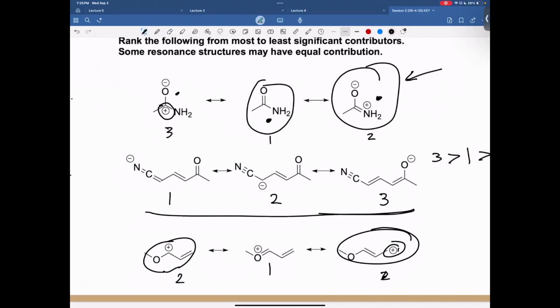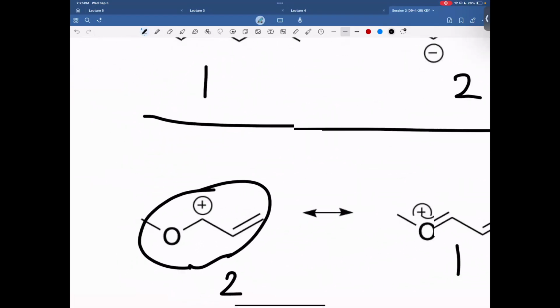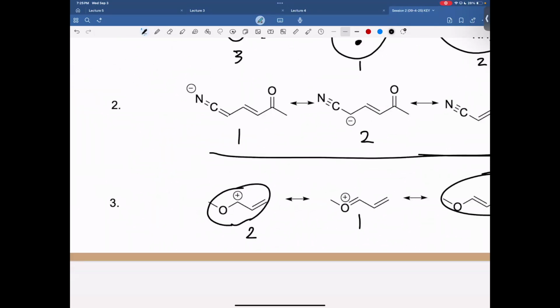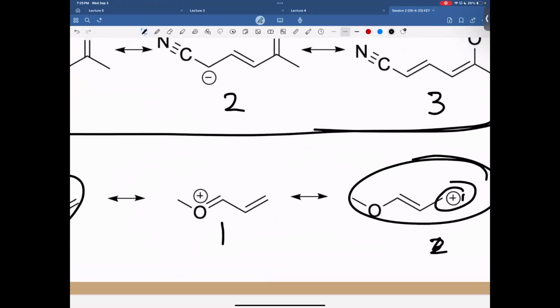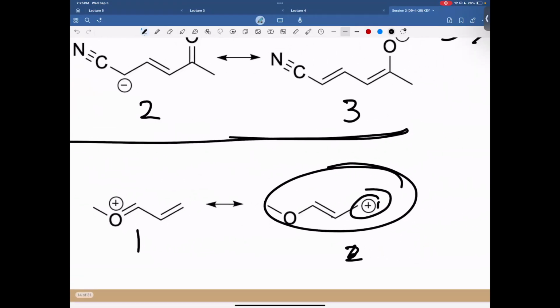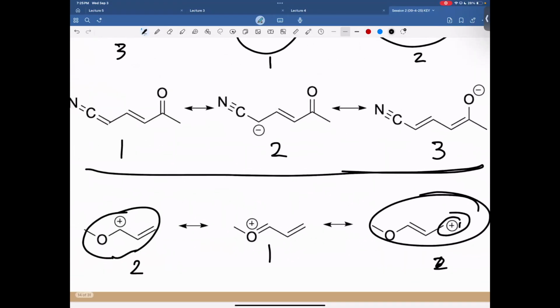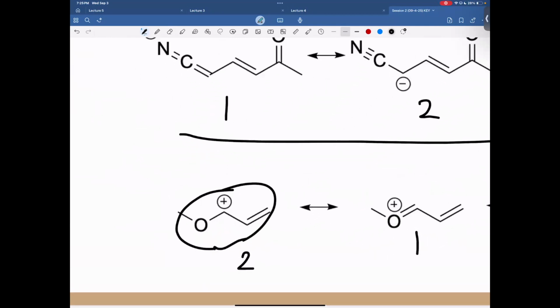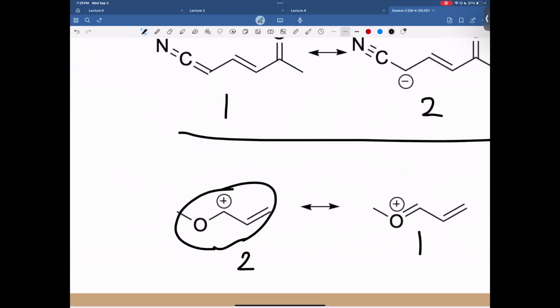But to differentiate between these 2, you've got to look at where the positive charge is. On this one, the positive charge is next to oxygen. And on this one, the positive charge is quite far away from oxygen, right? Oxygen, because it has a higher electron density, can better stabilize the carbocation on this carbon right here.